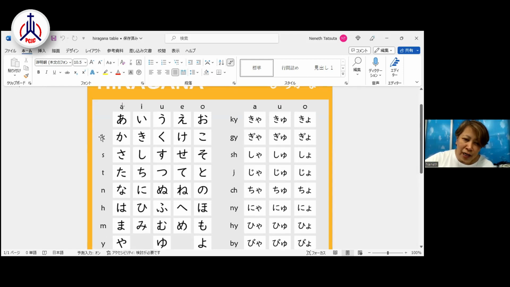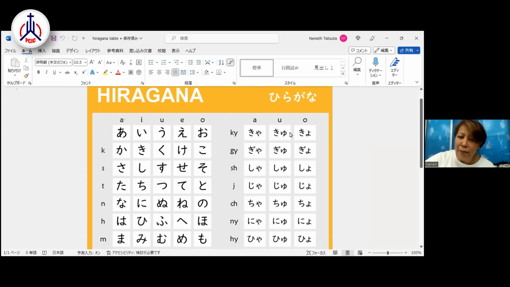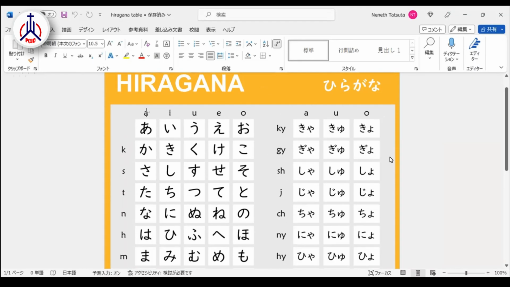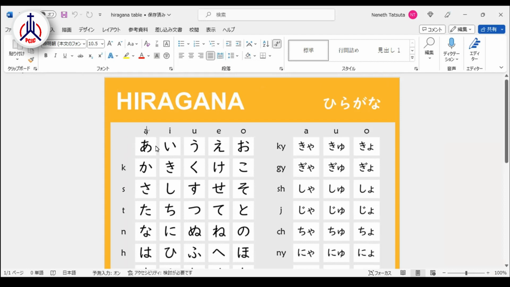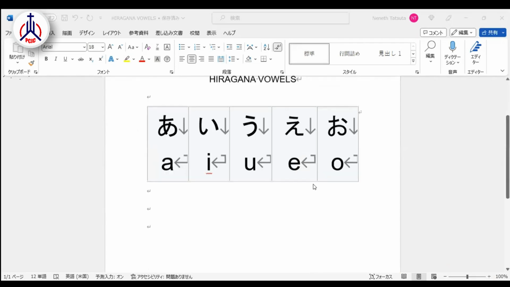If you go to K, and then the Y row plus the A column, it will become ya, and the O column will become yo. But we're going to practice all of this. So we will start with the vowels first: the letters A, I, U, E, O. These are the first hiragana vowels.